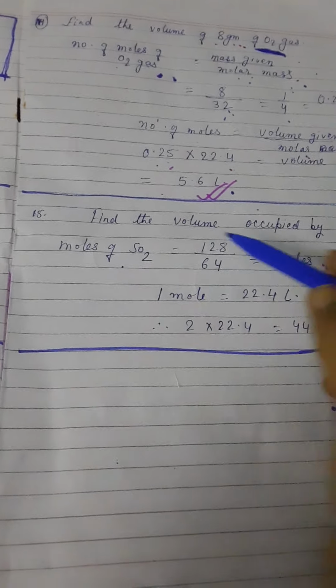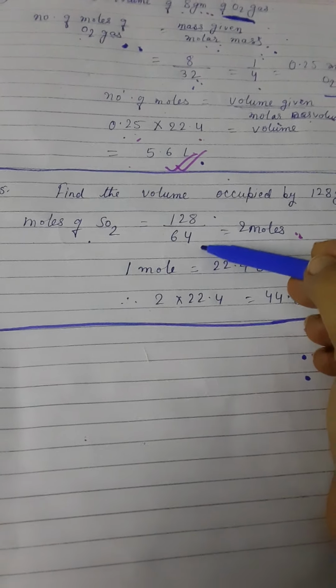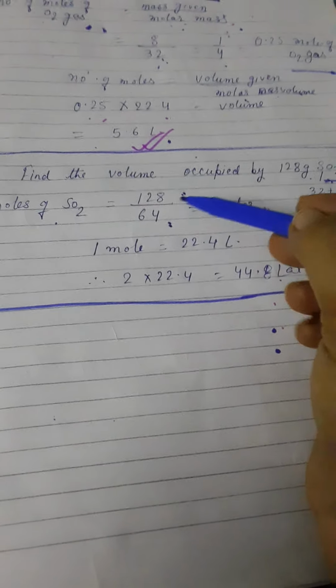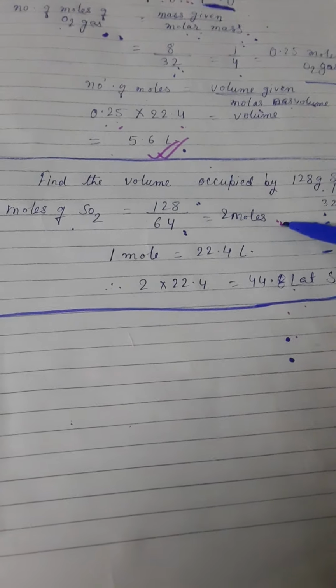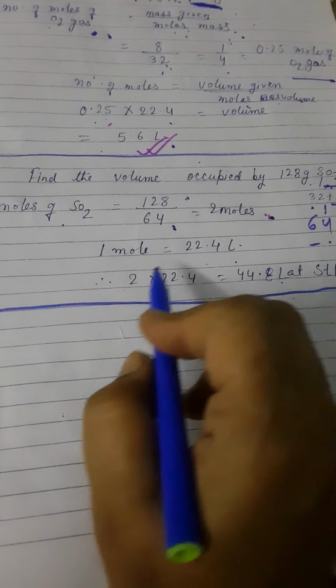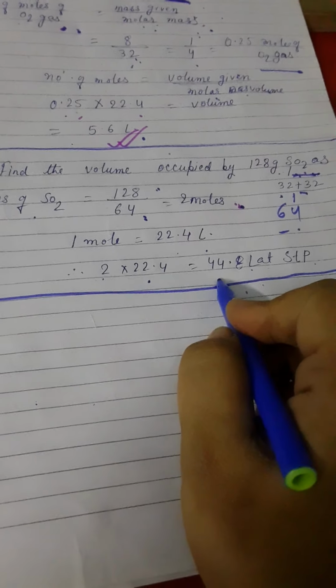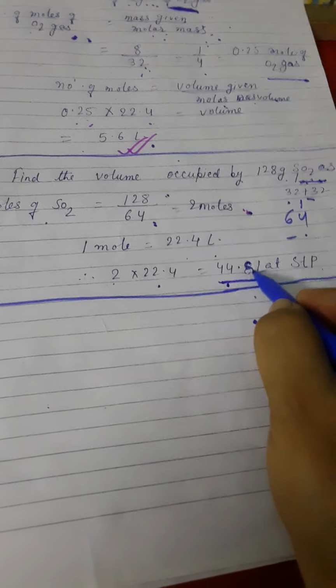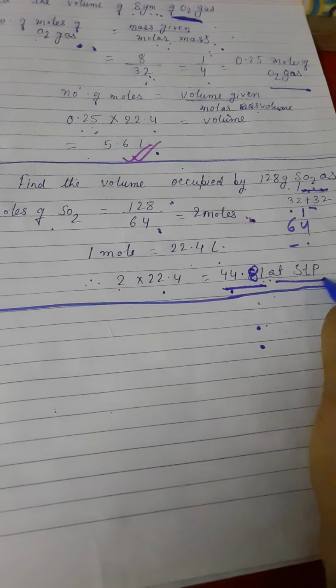Number of moles equals mass given by molecular mass, 128 by 64, and we have how many moles? 2 moles. Okay. So 1 mole occupies 22.4 liters, then 2 moles occupy 2 into 22.4, and the answer is 44.8 liters at STP.